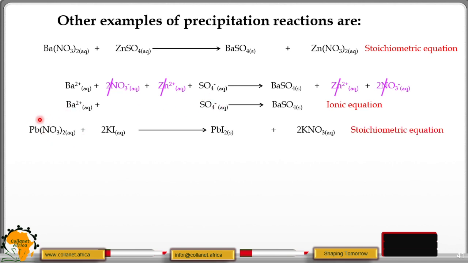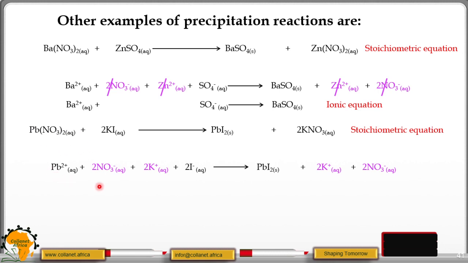Then lead nitrate plus potassium iodide to give us lead iodide plus potassium nitrate. The lead iodide is insoluble, so this is a stoichiometric equation. You can write the ions that are in the aqueous solutions in terms of free, mobile ions.